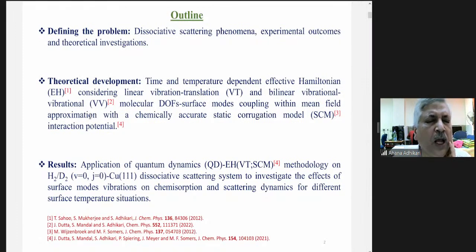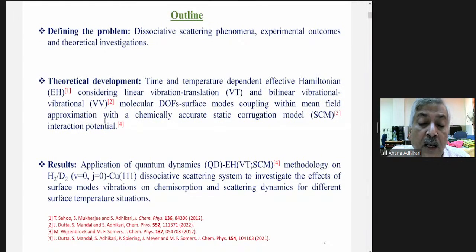All other configurations, which consider the correlation between molecule and surface at higher order, will be neglected because that is beyond the possibility of the present level of computer facility, even at the Cray computer.